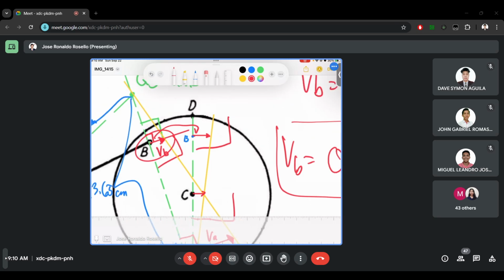And from D, just make a perpendicular line here.